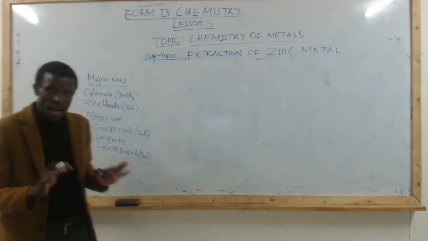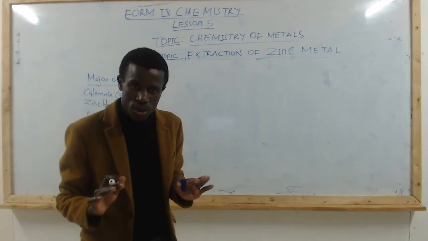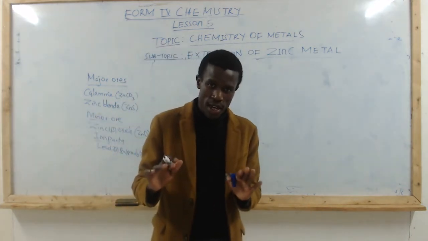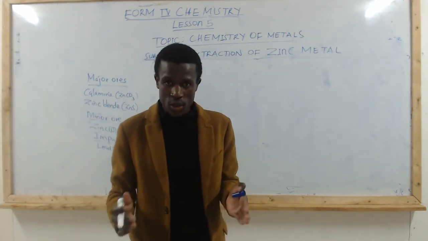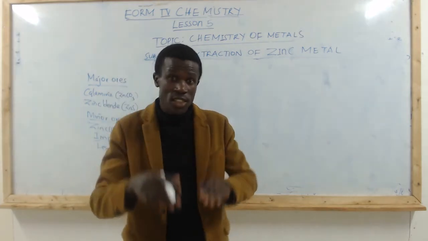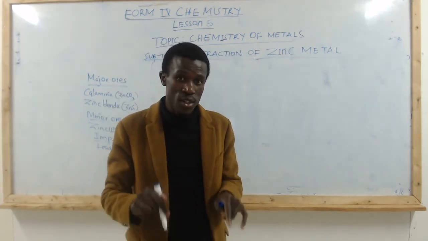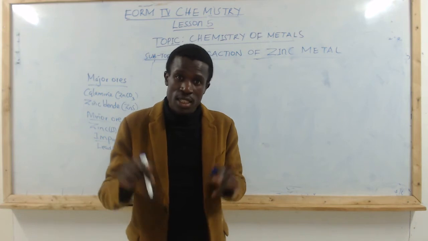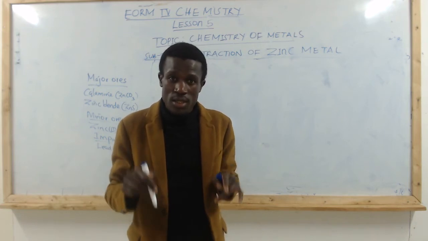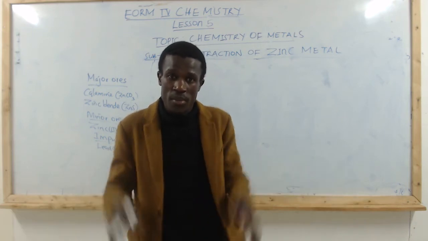Now, after having known the major ores and the minor ore of zinc, the question is, how can we obtain these ores? I said before in the introduction part of chemistry of metals that metals exist naturally underground. Therefore, they are mined from the ground.